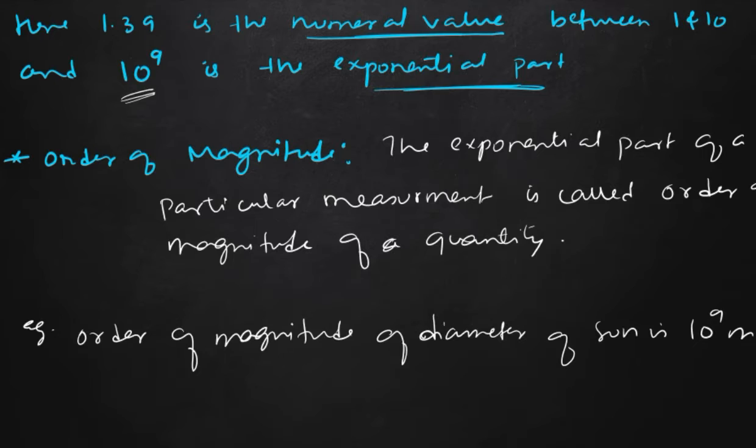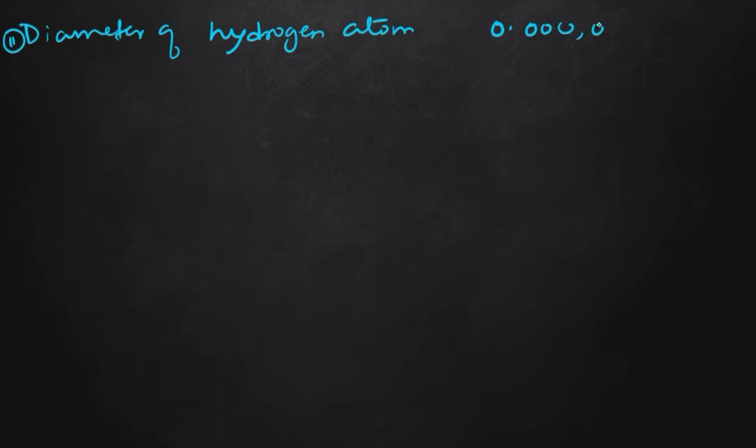Similarly, you can see another example, that is the diameter of a hydrogen atom. The diameter of a hydrogen atom is 0.0000000001 06 meter. How can we write this?